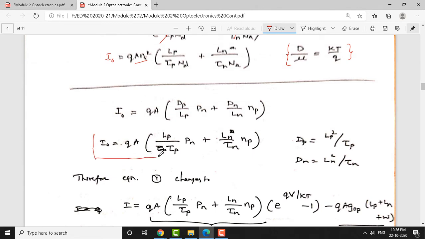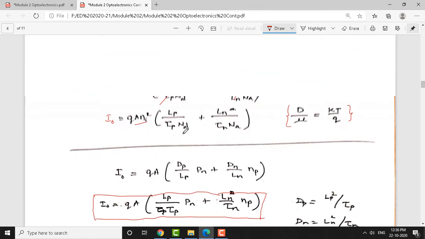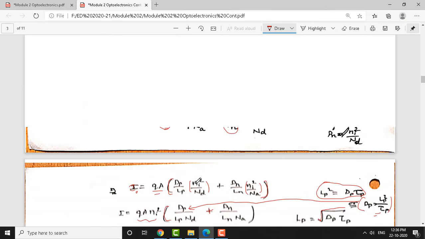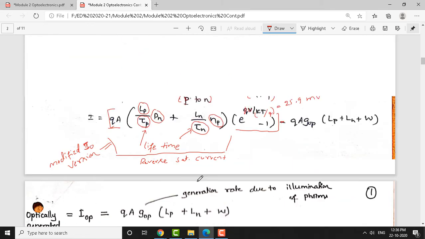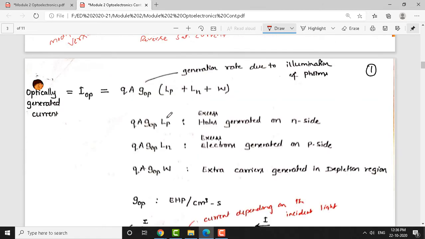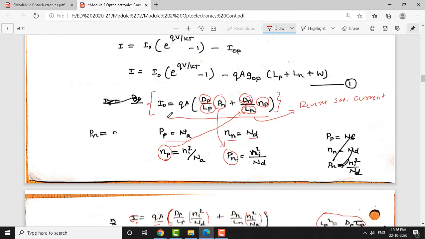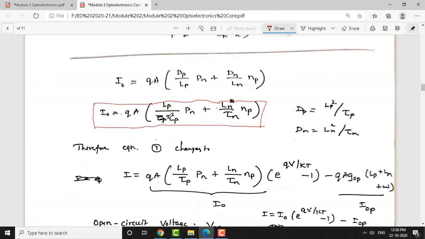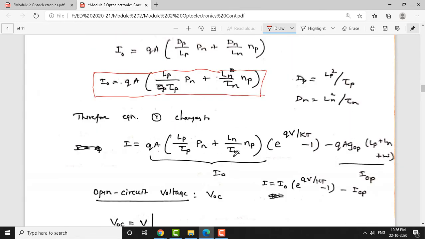So, look at this. Now we can see this equation you have seen earlier, Lp by tau p into Pn. Look here, same equation. Now, this equation is required because now you can make a little change to it. Once you have this equation, I can substitute it into the I naught here.